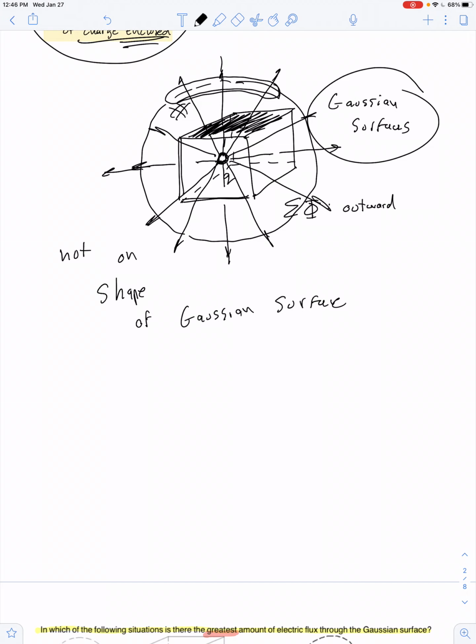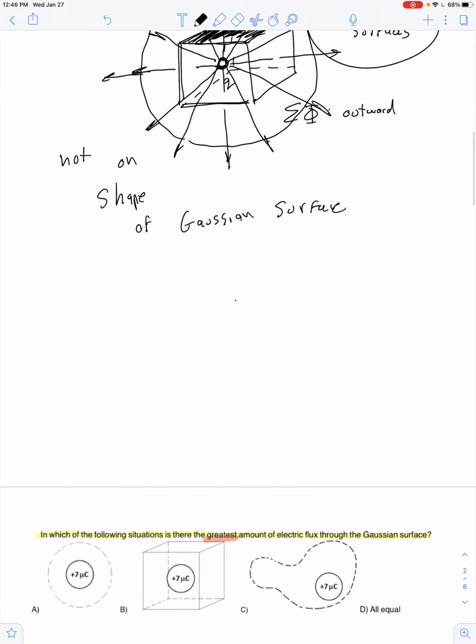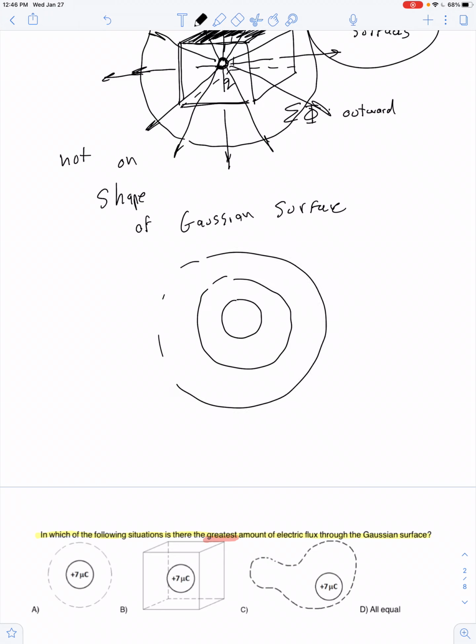But then again, the amount of area here is not as great as the amount of surface area here. In fact, we could make concentric spherical shells. We can ask the same sort of question. If that's our charge Q, in which case do you have the greatest strength of electric field?